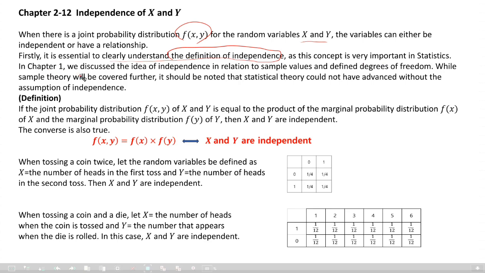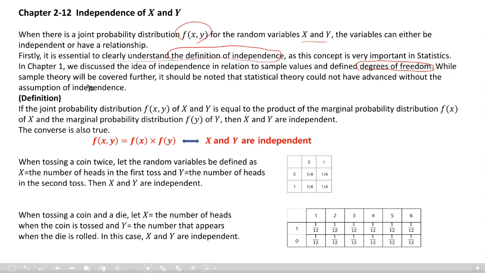In Chapter 1, we discussed the idea of independence in relation to sample values. I told you sample values are independent of each other, otherwise we get big trouble. And we defined degrees of freedom. What is degrees of freedom? The number of independent items is degrees of freedom.